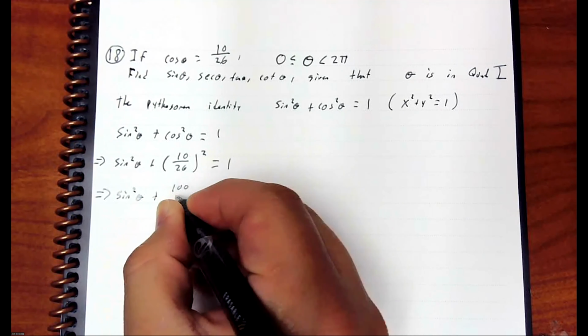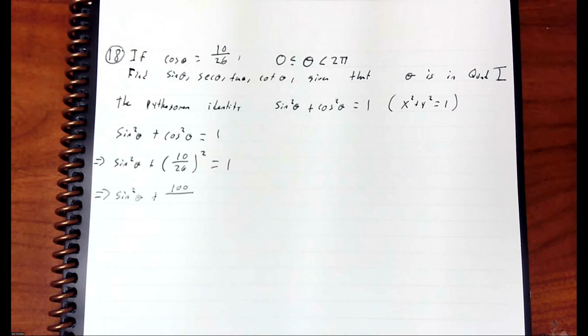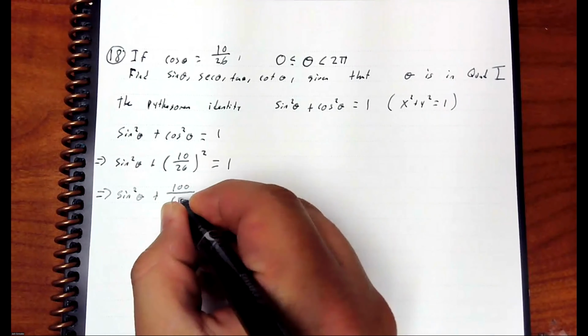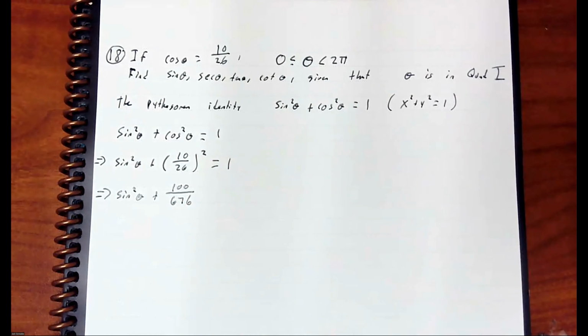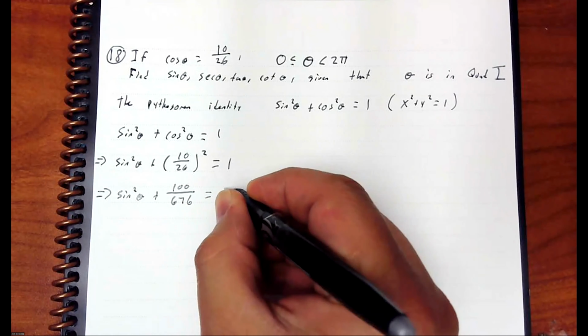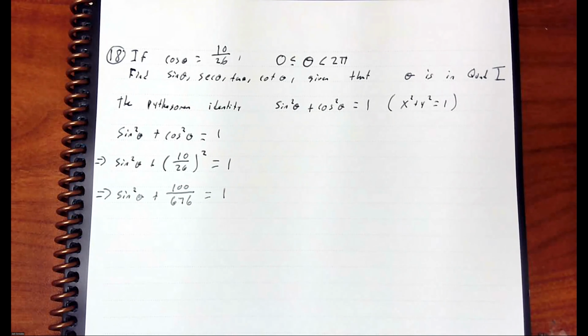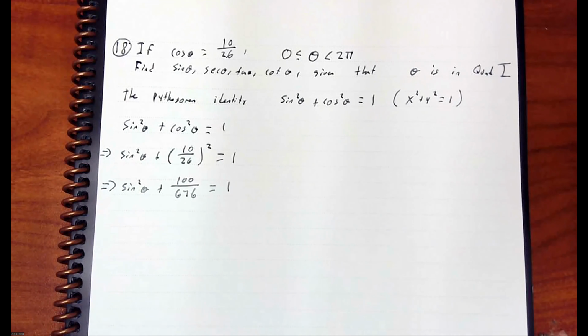Gotta be 100 over, let's double check here. 26 squared is 676. So solve for sine. So subtract that 100 over 676 over to the right hand side. Then you're going to have to square root, and then you'll have sine.